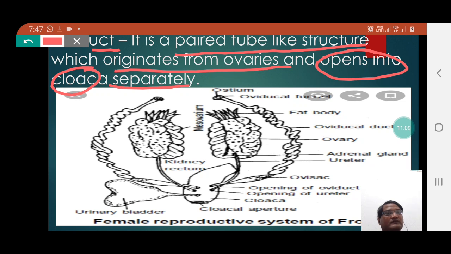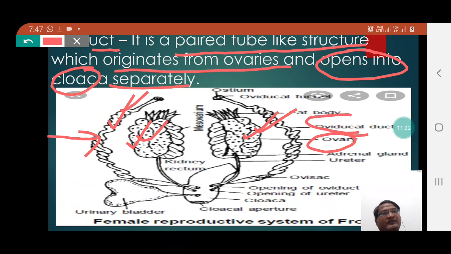So students, this concept we can also understand with the help of this picture, where you can notice the ovary. This is the ovary, paired structure, and which synthesizes the egg and transmits it to the oviduct, which is here.